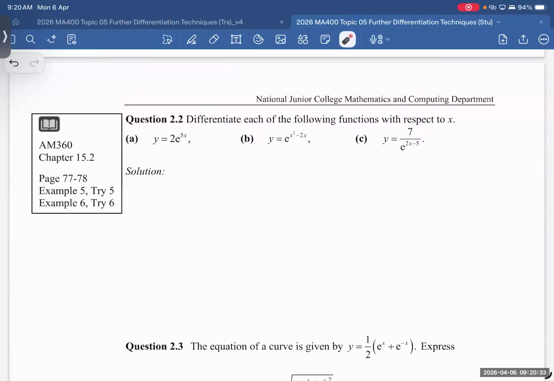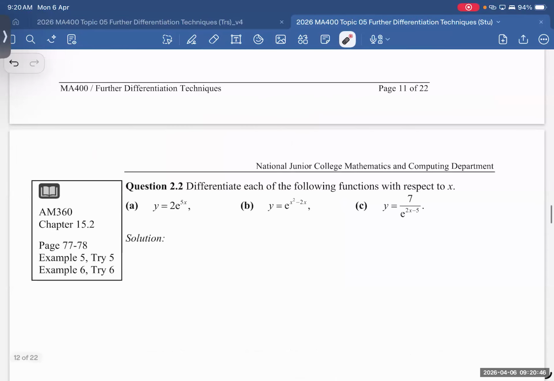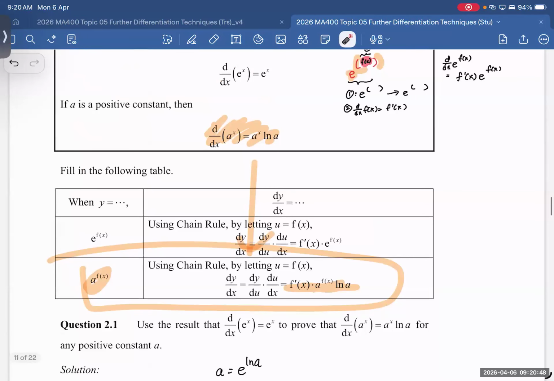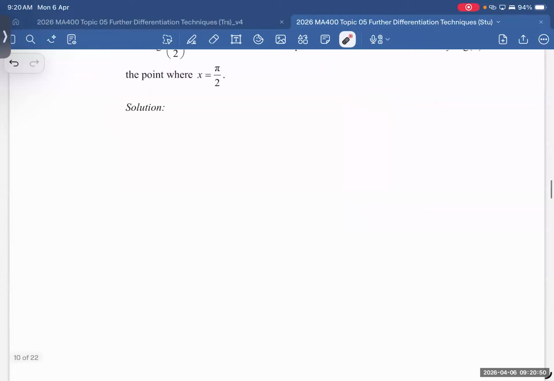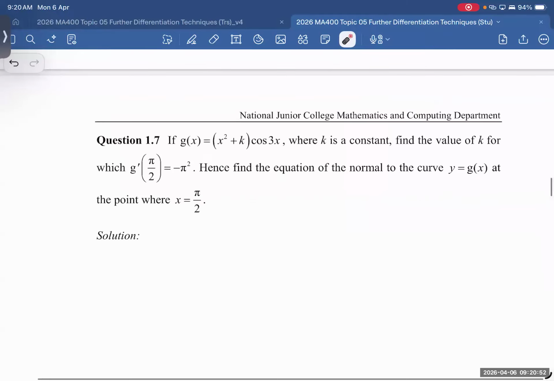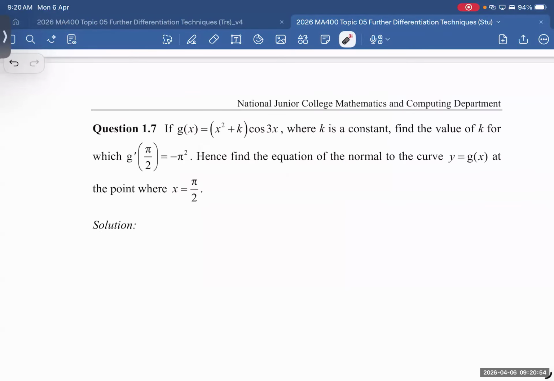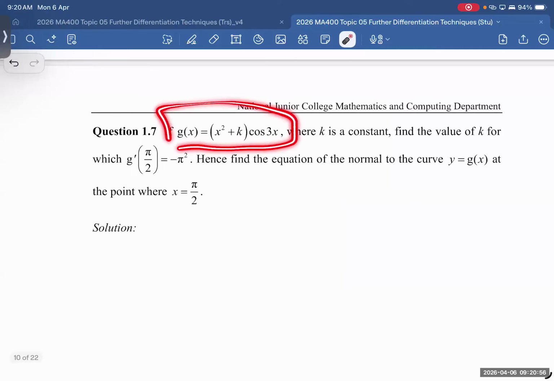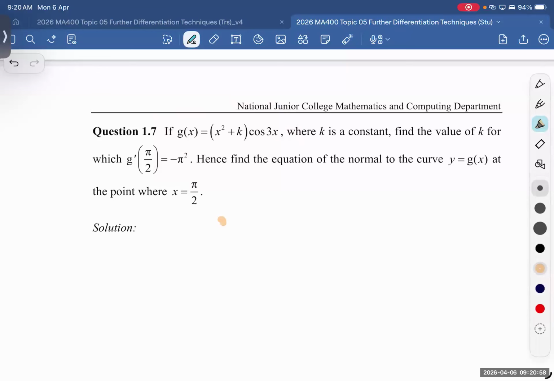Anyway, yeah. Okay. Question 2.2. 1.7. Okay, some of you start at 1.7. Now, if you differentiate g(x), then g prime, I will use the product rule.